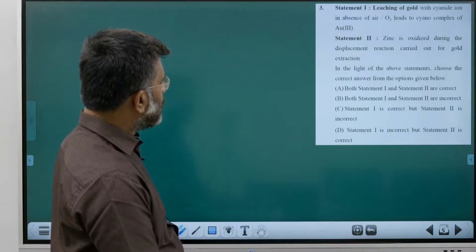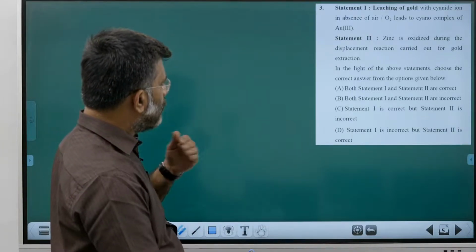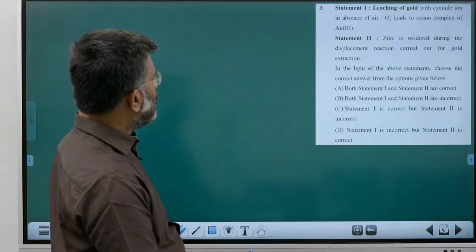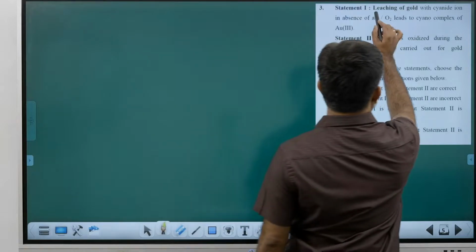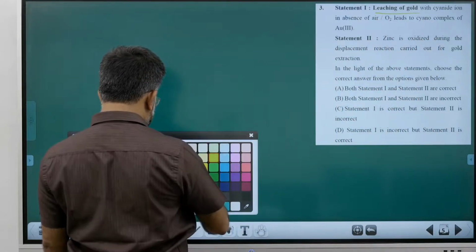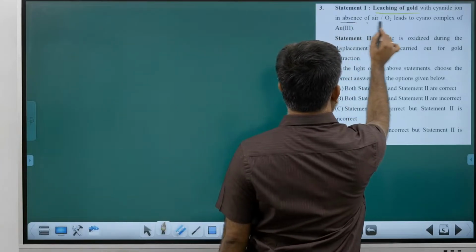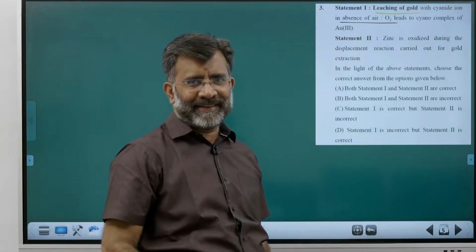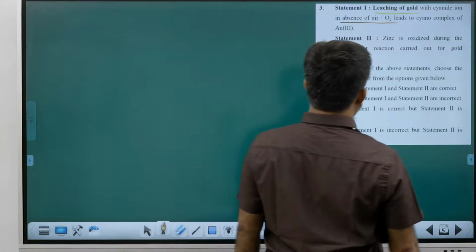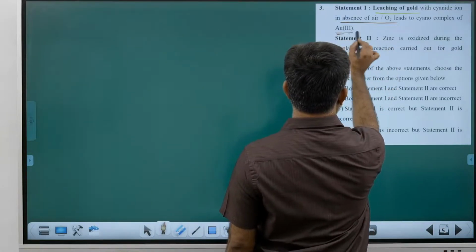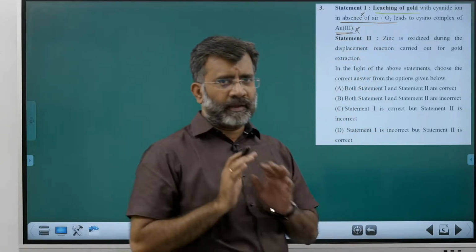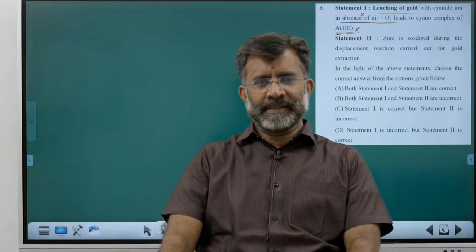Two statements are given. We have to identify the correct choice. First one: leaching of gold with cyanide in the absence of air. In the absence of air is a wrong statement. It is in the presence of air. Leads to cyano complex of Au3+. See, this is wrong and this is also wrong. It is not Au3+, it is Au+.